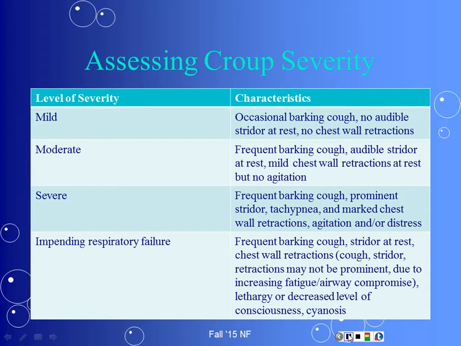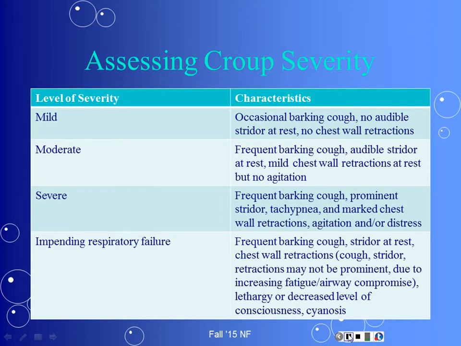With moderate, you'll have that frequent seal bark cough, audible stridor at rest, because they're trying to pull air in, and you may see some mild chest wall retractions at rest. But they're not agitated.